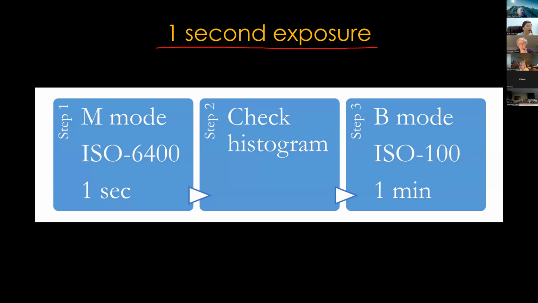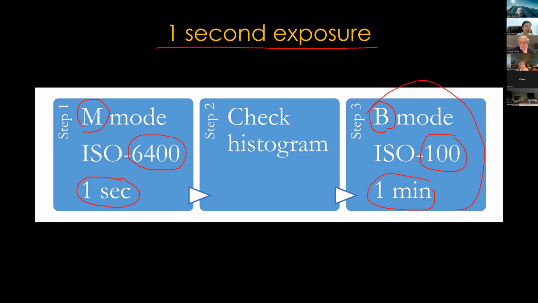Step number 1, set your camera to M mode and the ISO to 6400 and use 1 second to take a shot. Once you take a shot, check the photo. If the photo is well exposed, go to the next step. Switch to B mode, bulb mode, switch the ISO from 6400 to ISO 100, and then switch from 1 second exposure to 1 minute exposure.